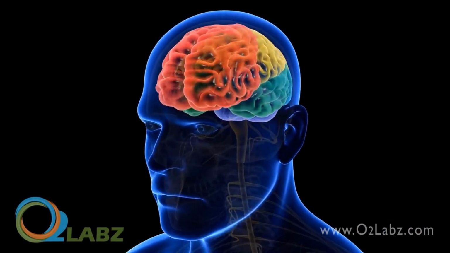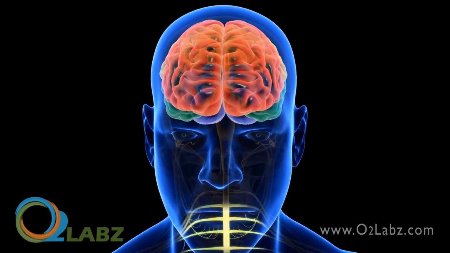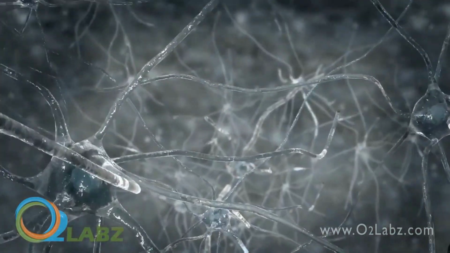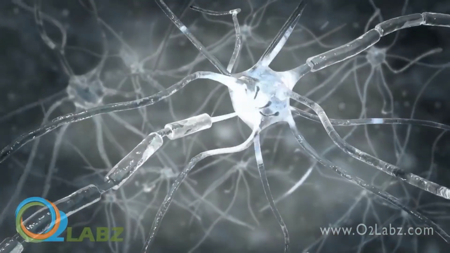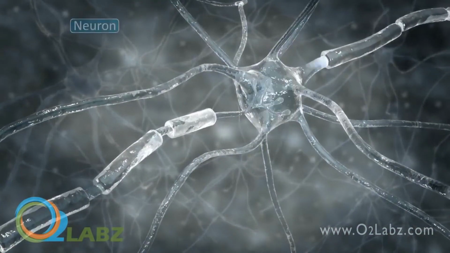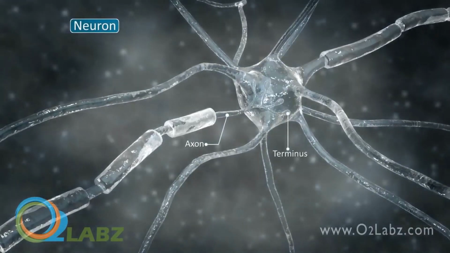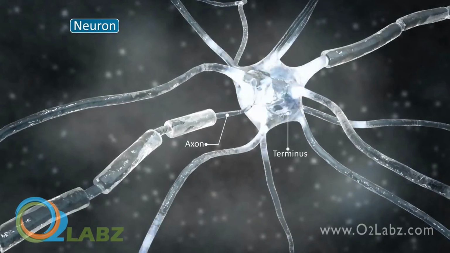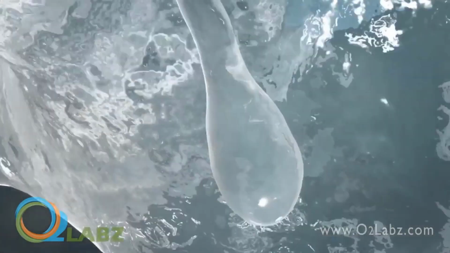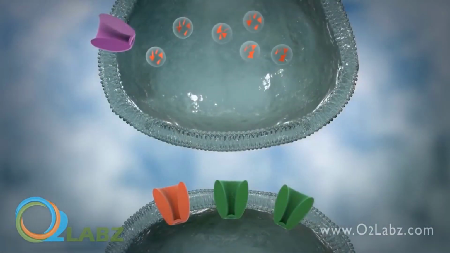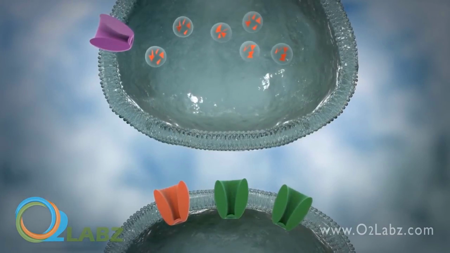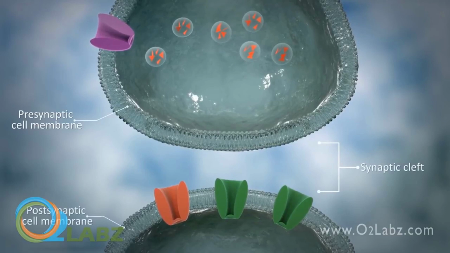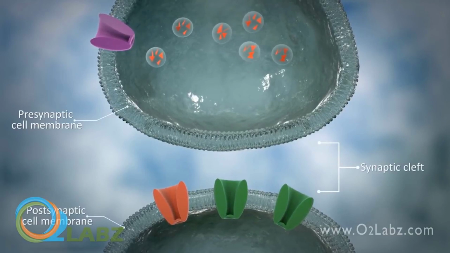The nervous system is composed of billions of communicating cells called neurons. Neurons conduct electrical signals, or action potentials, along the cell's membrane, along the axon to the terminus, where synapses are formed. The synapse consists of the membrane of the presynaptic cell, a synaptic cleft, and the postsynaptic cell membrane.